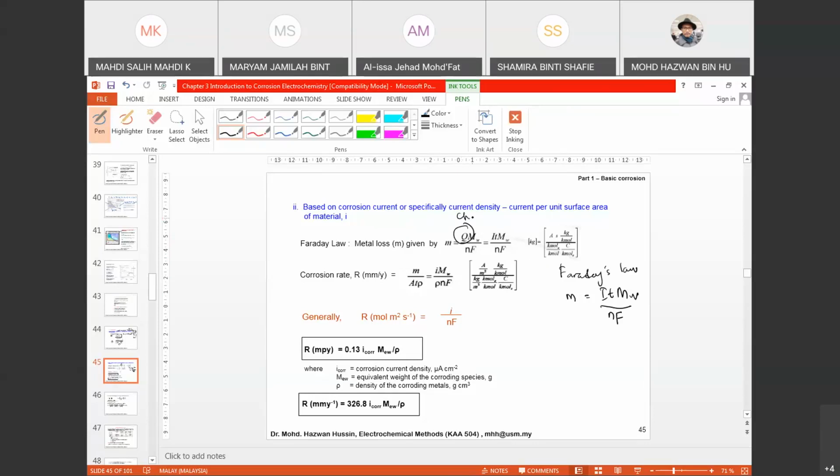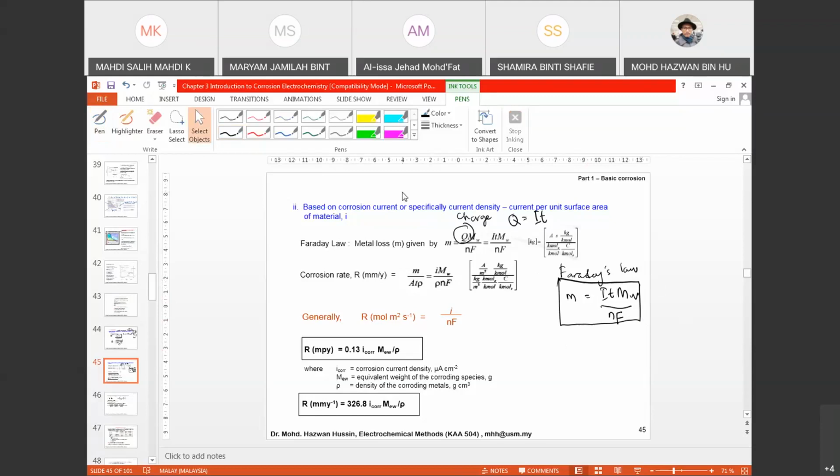Q is the charge, and charge Q is equal to current multiplied by time. Charge over the molecular weight, over the valency of the metal multiplied by the Faraday constant. So if I expand, I will get this. This is a formula that I need to remember, or for you guys to remember.